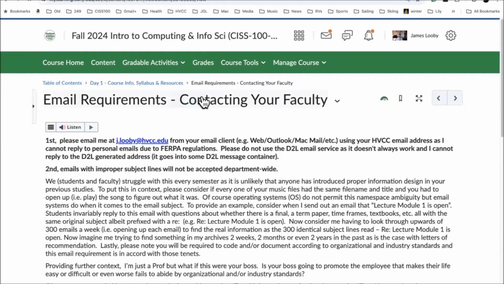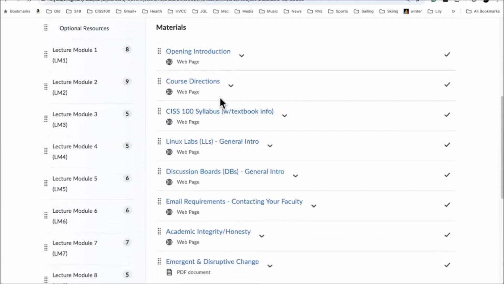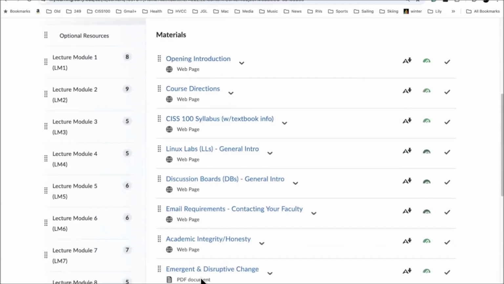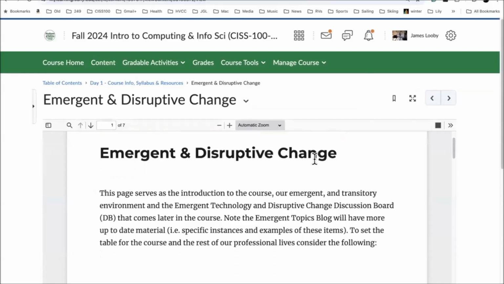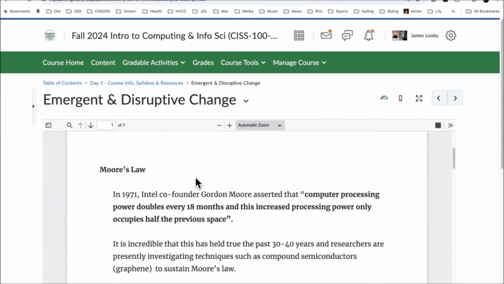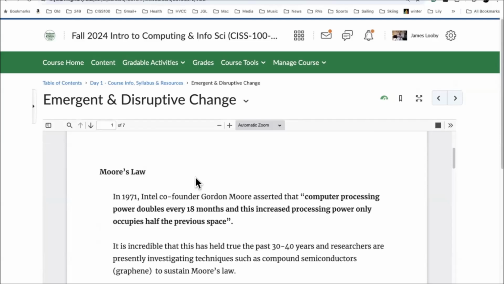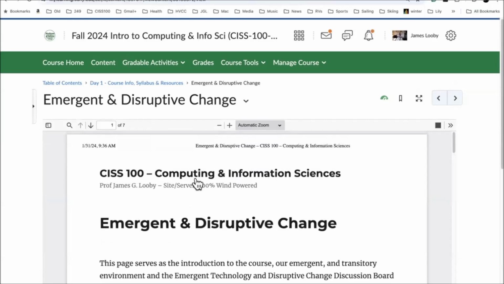Okay, going back to the course information resources. And you'll see this in the opening introduction as well. Emergent disruptive change. I'm going to have you read this, okay? I'm not going to go over it, but please read this to understand really where we are and how quickly things are happening. And we're going to look at humans' ability to adapt as well.